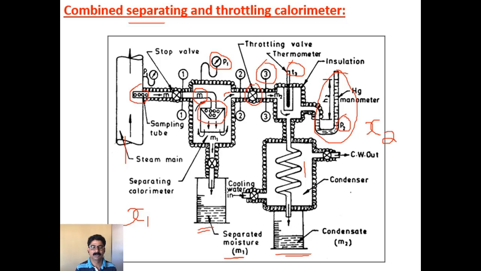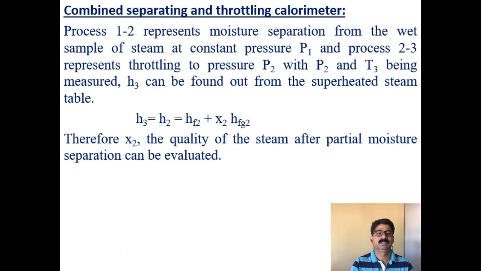X1 times X2 is the dryness fraction of the steam. For better accuracy you use the separating calorimeter part as well as the throttling calorimeter, find the two dryness fraction values, and multiply them to get the dryness fraction of the steam.